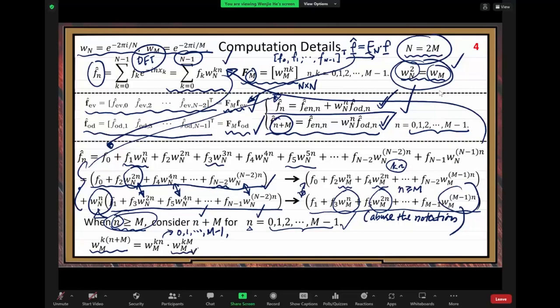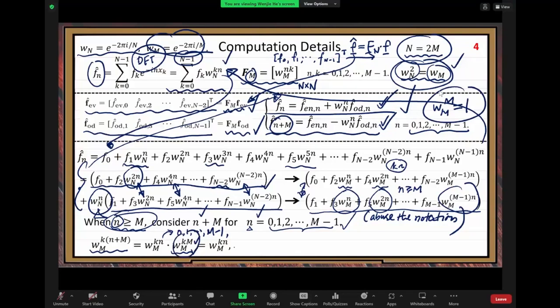The subscript is capital M, and the exponent is a multiple of the same capital M. Based on the definition of W sub M, W capital M to the exponent capital M must be equal to 1. So the second factor is 1, and it's gone.